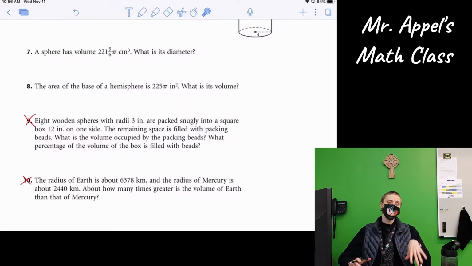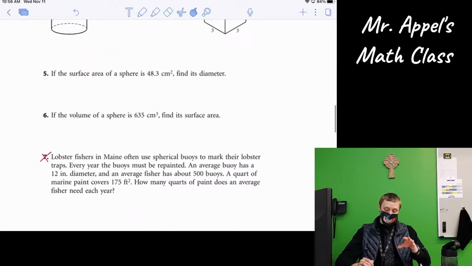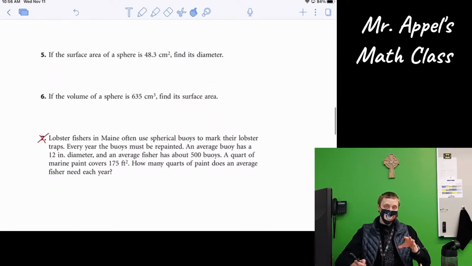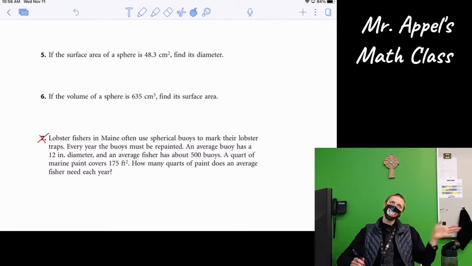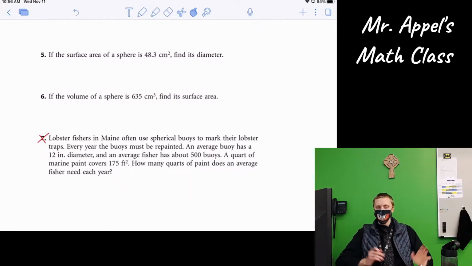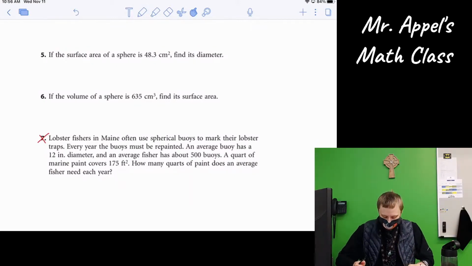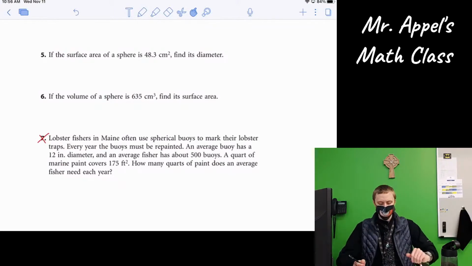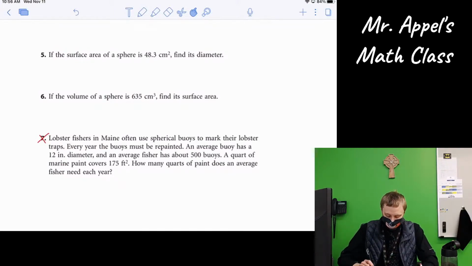But for the sake of time, I don't want to put too much on you all in one day. We'll go ahead and skip 9 and 10 there, as well as 7 on the second page. Go ahead and strike that one out as well. We might return to these word problems next semester when we do more of the 3D problem solving. Let's just keep it simple for today.